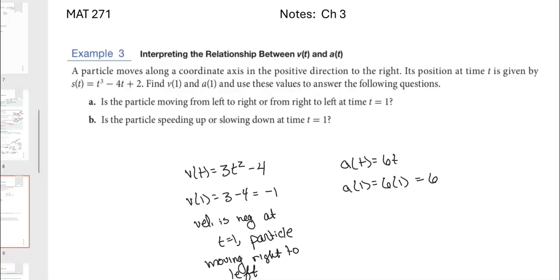Now the acceleration being positive and the velocity being negative is telling us that these things are acting in opposite directions. So even though this is moving left to right, our particle is speeding up in that direction.